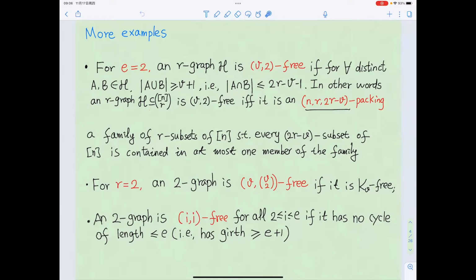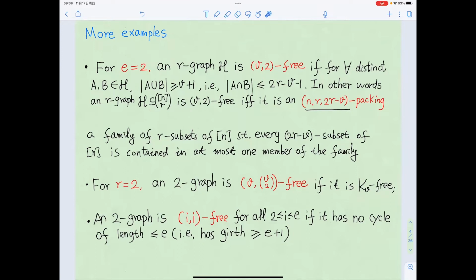So an r-graph is (v,2)-free if and only if it is an (n, r, 2r minus v) packing. A family of r-subsets of [n] forms an (n, r, 2r minus v) packing if and only if every (2r minus v)-subset of the underlying set [n] is contained in at most 1 member of the family.